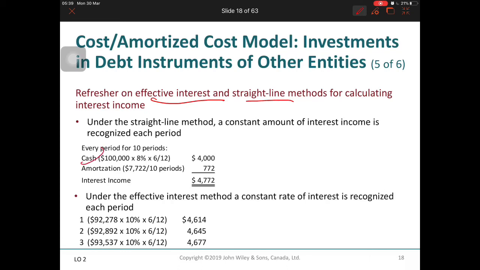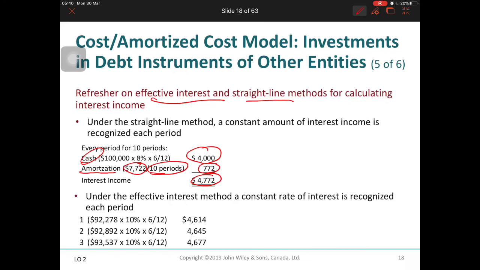You have cash received of 4,000, and for the amortization of the discount, 7,722 divided by the 10 periods, so just 772 amortization every period. So interest income will be 4,772 every period.